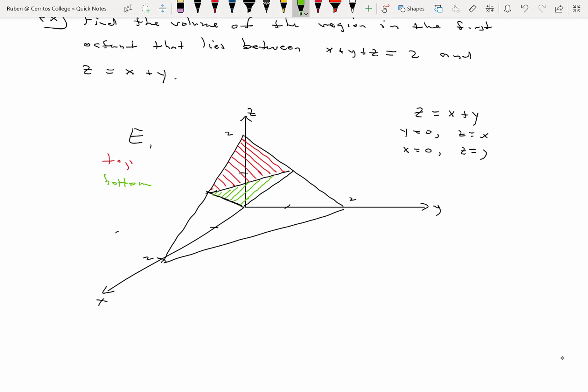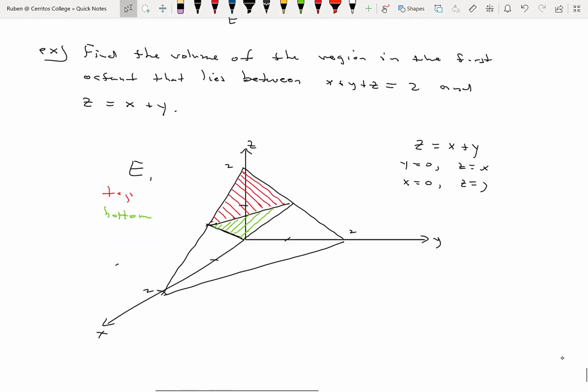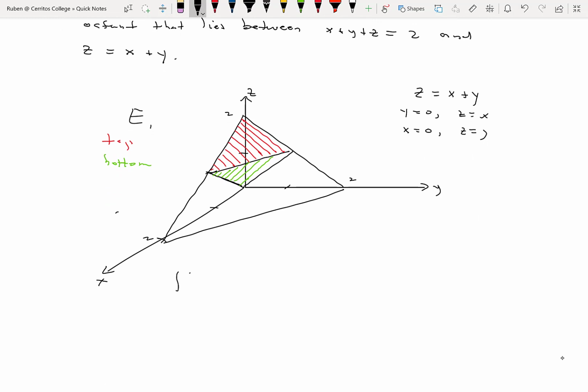And what this is telling us is that we can then use the formula that says that the triple integral of a type 1 region of f of x, y, z dV is the double integral over D in the xy plane. It's a projection of this in the xy plane.